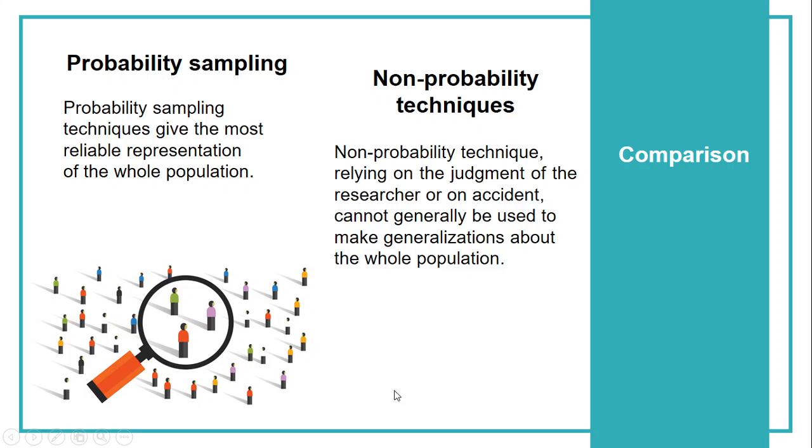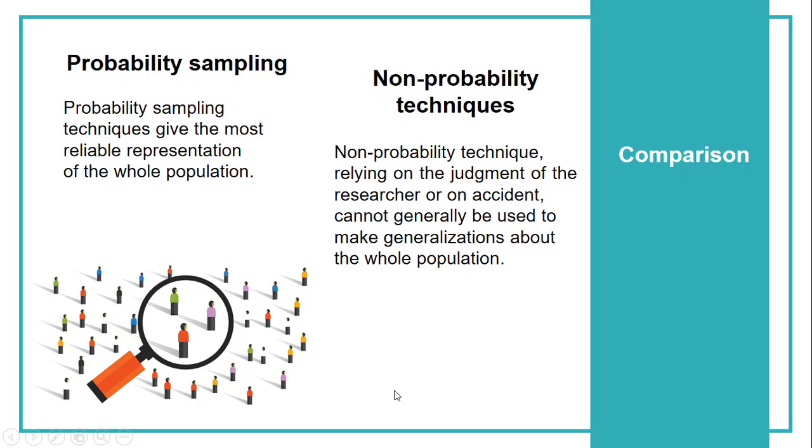Non-probability techniques, relying on the judgment of the researcher or on accident, cannot generally be used to make generalizations about the whole population.